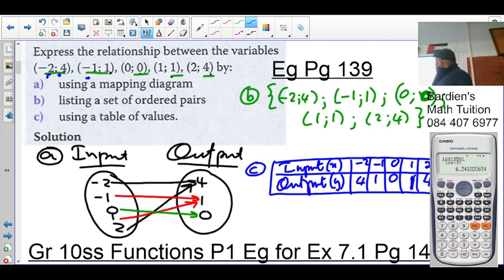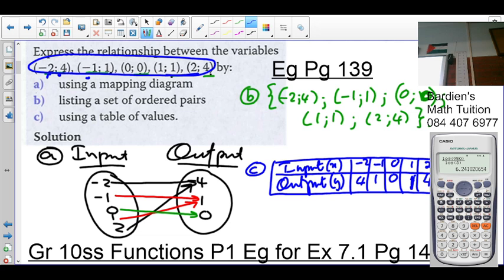Sorry? The second number, this one here. You ask with regards to B. You see, these are ordered pairs. Another word for ordered pairs is coordinates. Yes, ordered pair and coordinates are the same thing.